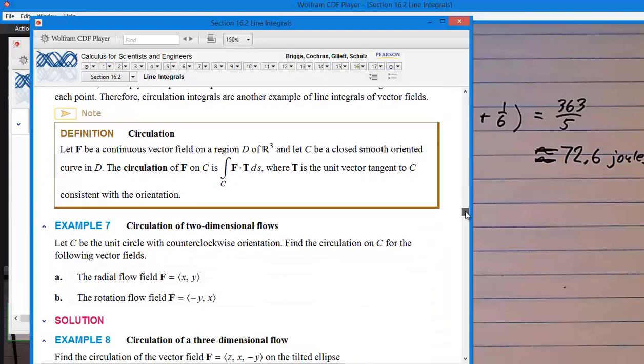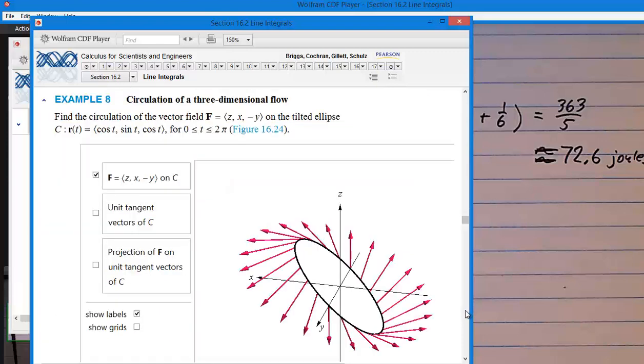Okay, so here's their definition of circulation. Oh, that's funny. I just saw that integral. Wasn't that the definition of work? Right? Okay, we're going to call that circulation. That makes sense? That's good. It makes sense to you. I'm happy. Now, then they're going to talk about flux.